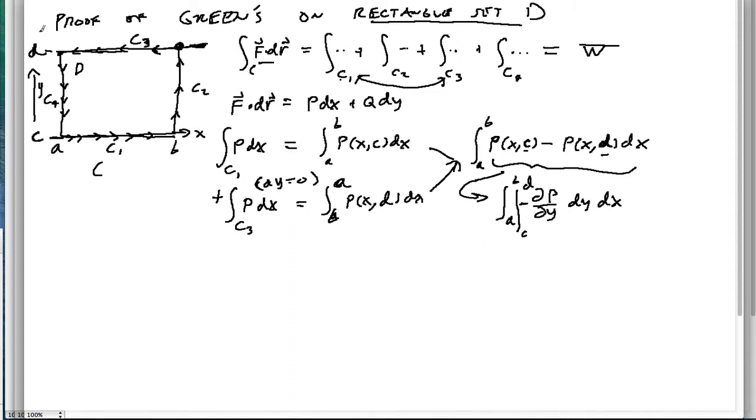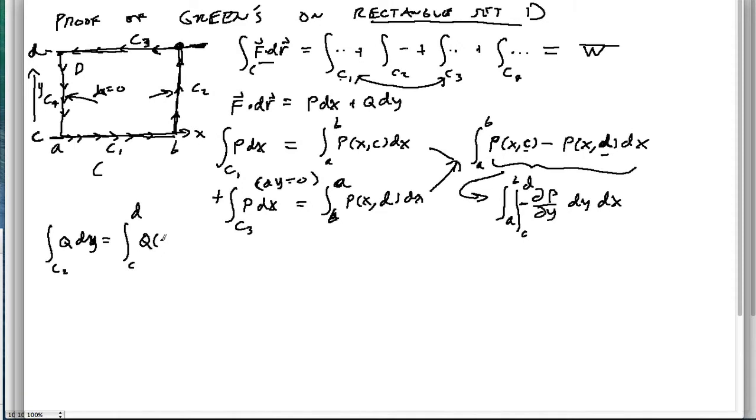The next thing we do is do the same argument for C2 and C4, and we'll note on these two parts of the path, dx is going to be equal to 0. So we're left with the integral of C2 is going to be q dy, integral from c to d of q.